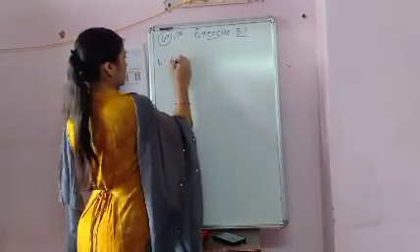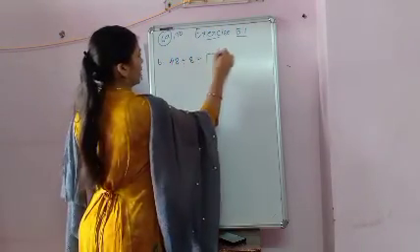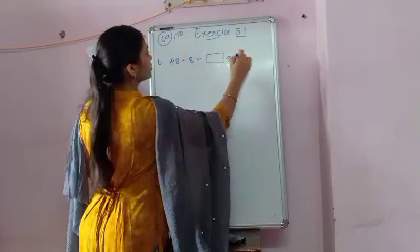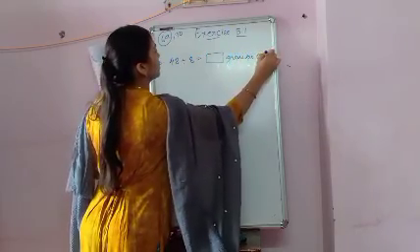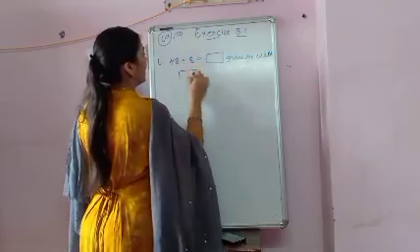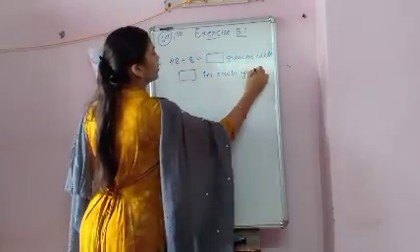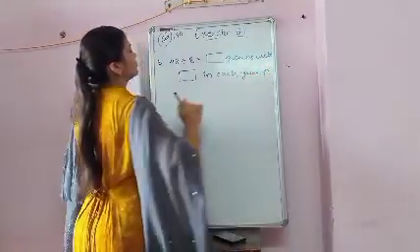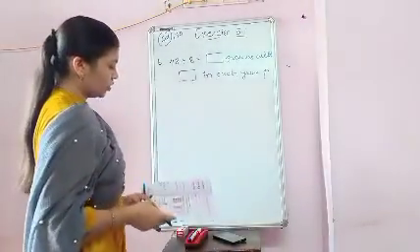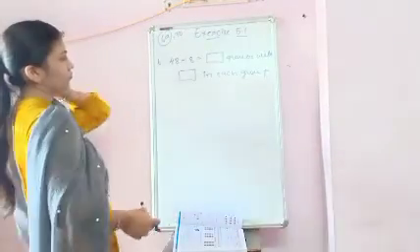That is 48 divided by 8 equals blank groups with blank in each group. 48 divided by 8.